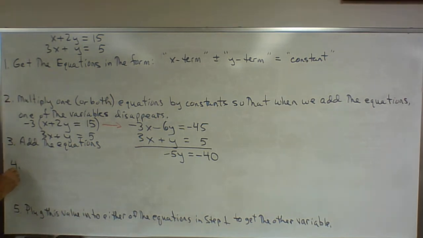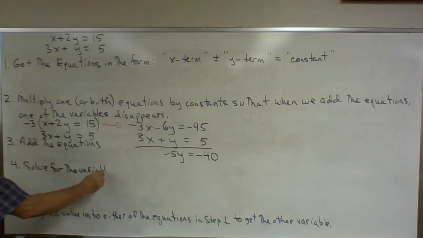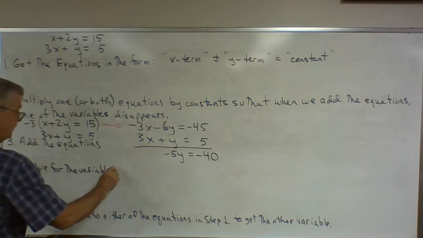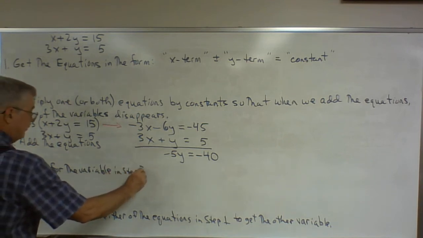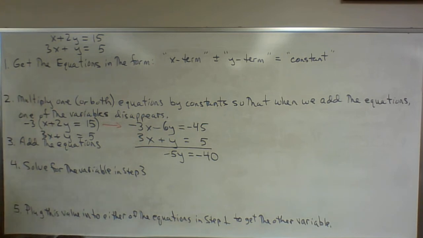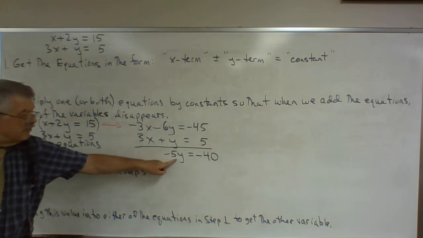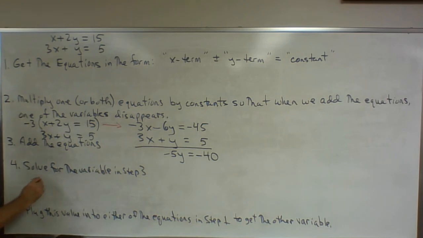Step 4, solve for the variable in step 3. In step 3, we have negative 5y equals negative 40. So I'm going to divide both sides by negative 5, right? Negative 5y divided by negative 5 is y.